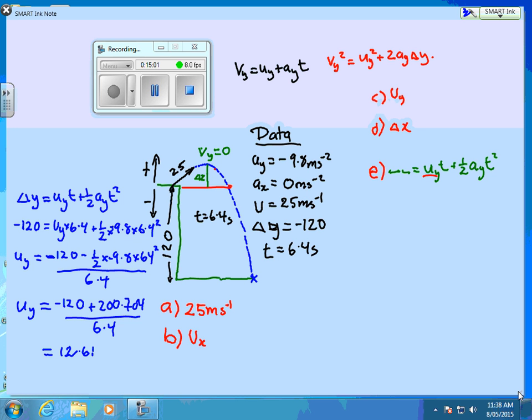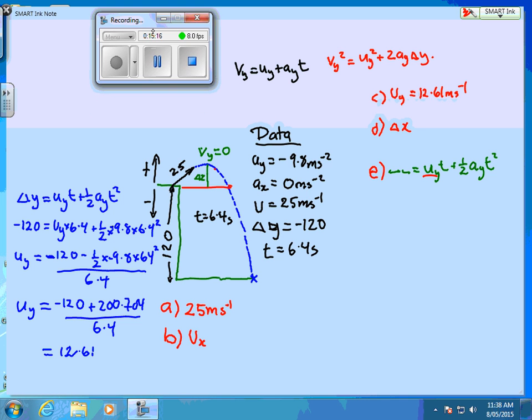It looks like I end up now with uy. You can find ux, which equals 12.61 meters a second, which means that now, as you said, I can find ux. If I was going to find ux, which I have down here, it's simply a matter of I have a resultant vector like that, which is going to be 25.